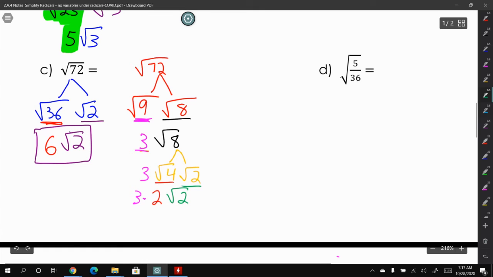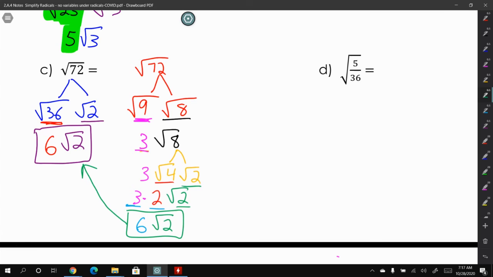Well, since these two numbers now are outside of the square root symbol, we can multiply those. 3 times 2 is 6, and then the square root of 2 is still just hanging out, and there's our final answer, which was the same as we got when we broke up 72 into 36 times 2.